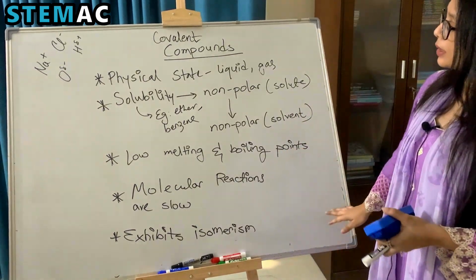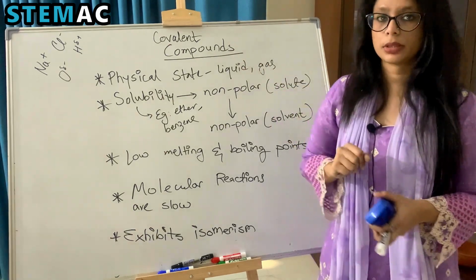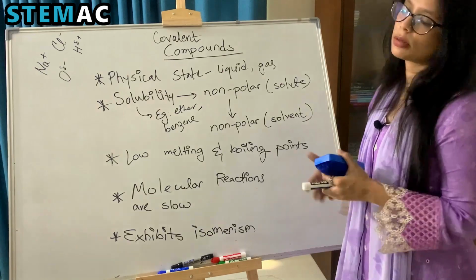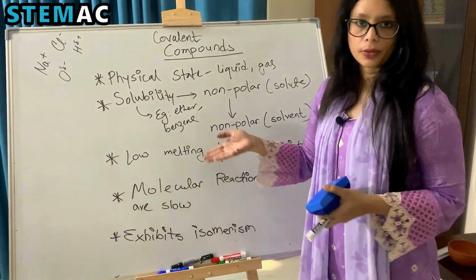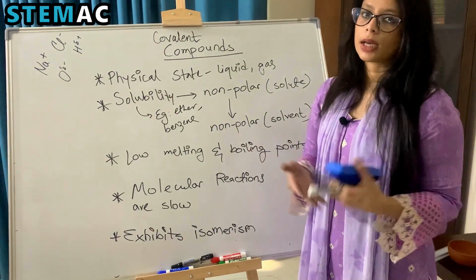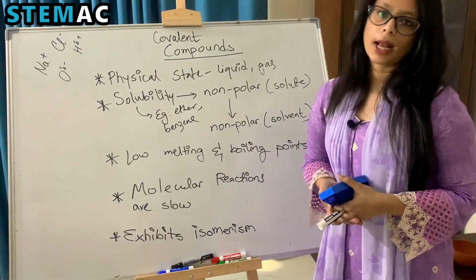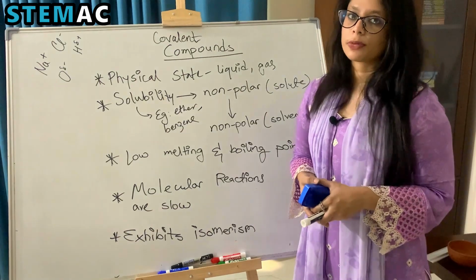Okay, and the molecular reactions for the liquid and gaseous covalent compounds are usually slow, and since most of the covalent compounds are organic compounds, they exhibit isomerism. Just quickly rewinding, isomerism is when chemicals have the same chemical formula but different molecular structures. So yeah, this is all about the properties of covalent compounds.